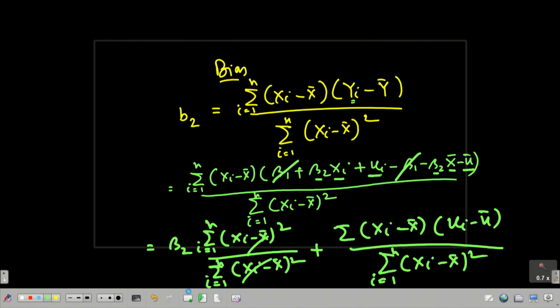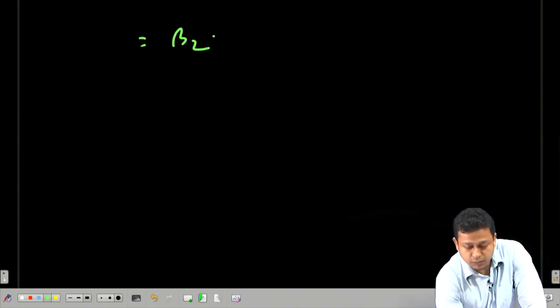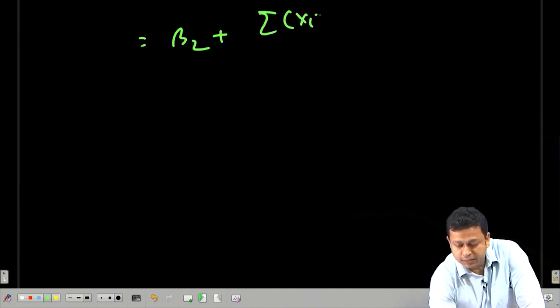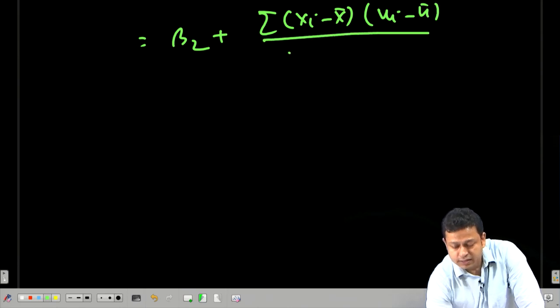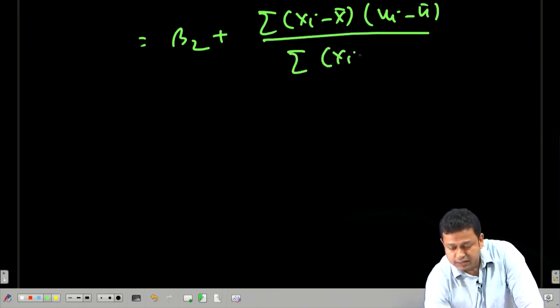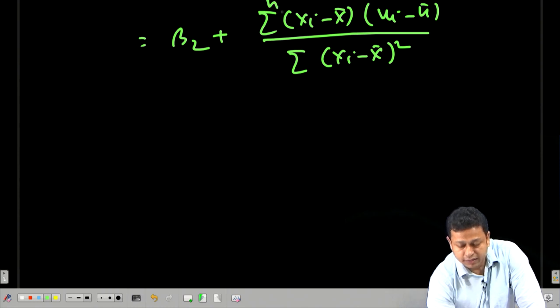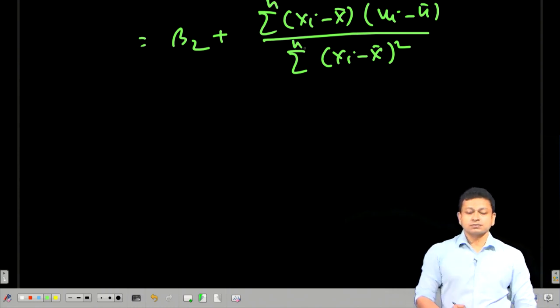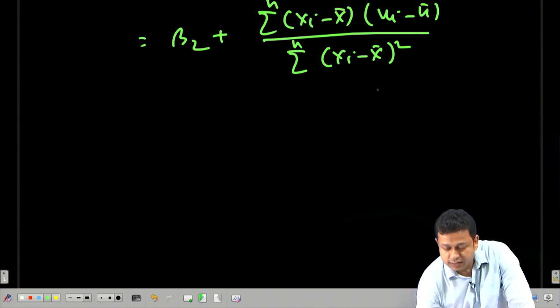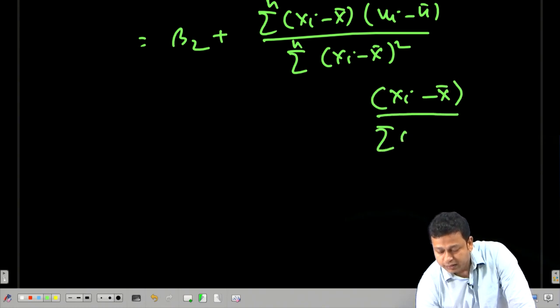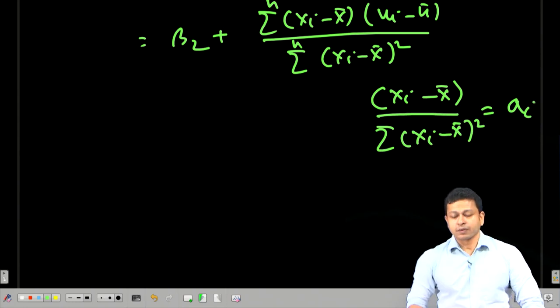So essentially I am going to have beta 2 plus summation of (x_i minus x bar) into (u_i minus u bar) divided by summation of (x_i minus x bar) whole square, and it is over all n. Now, I have actually shown previously that this value could be represented as a_i.